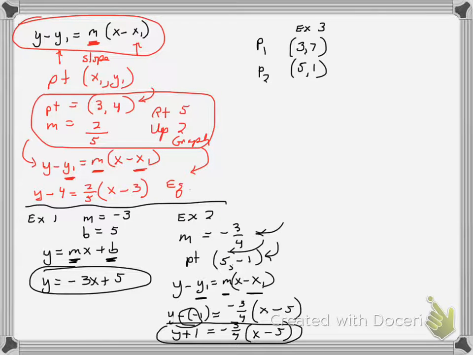Now, I would say identify which equation of the line will be useful, but I don't have a point-point equation of the line. I only have a slope-intercept, but I'm not given the intercept, so I can't use that, or a slope-point. So I'm going to use the slope-point formula.